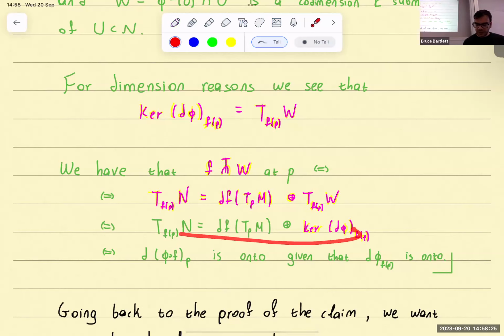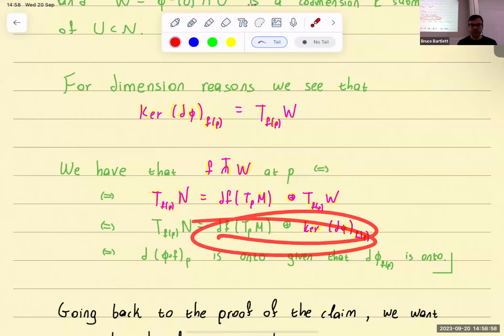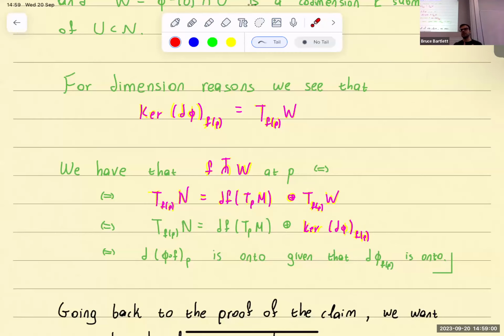And now this equality is exactly the statement that the differential of the composite phi with f at p is onto, given that the differential of phi at f of p is onto. Because given that, the only way this would fail to be onto is if there was some vector in the image of df that was killed by d phi. And there is not going to be any such vector because of this decomposition given by the transversality.